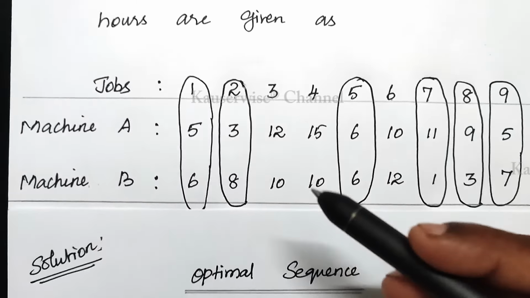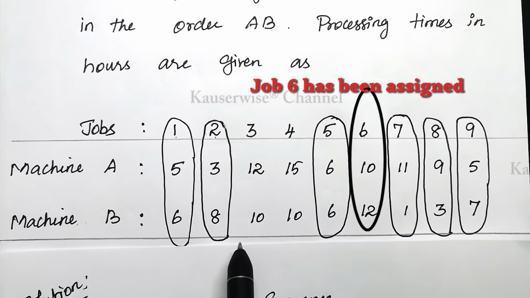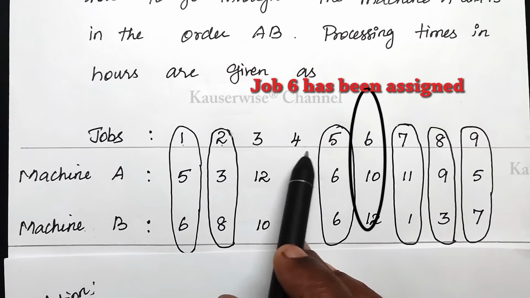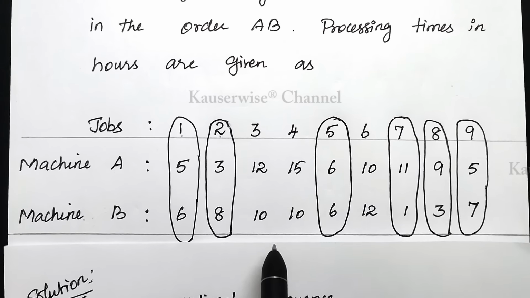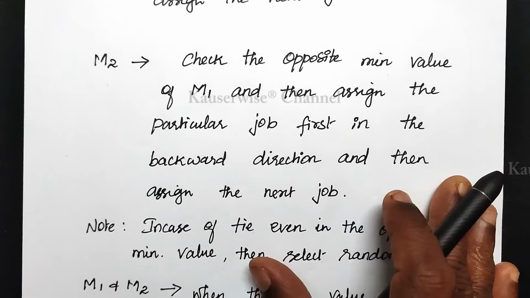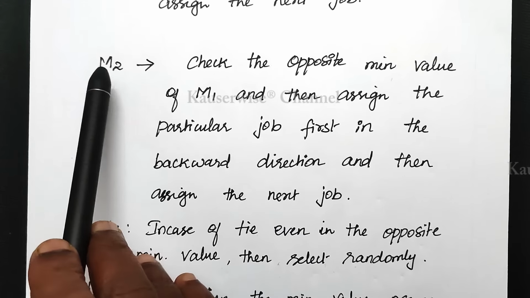For the next one, for mission B, there is a tie because here 10 occurs in 2 different jobs for the same mission. So this is called a tie. What is the procedure for a tie on the same machine? Look at the procedure in case of a tie on machine B, that is machine 2.